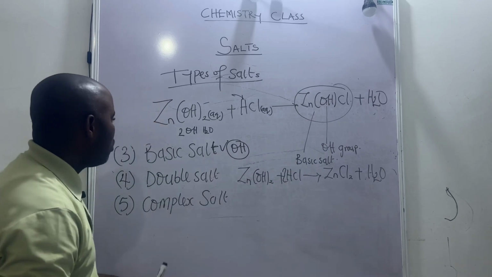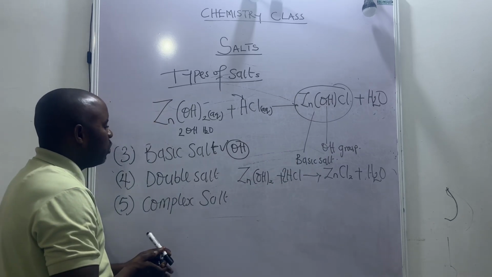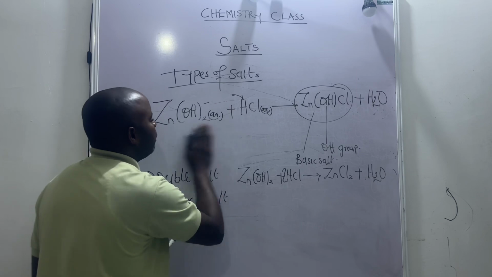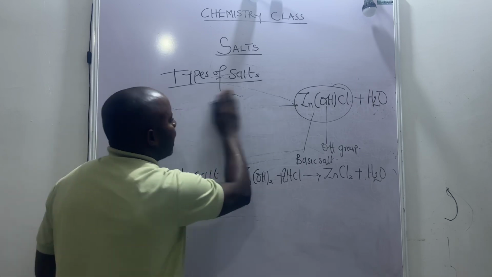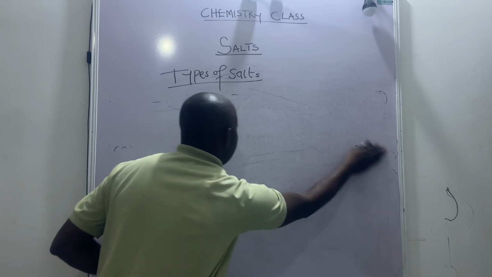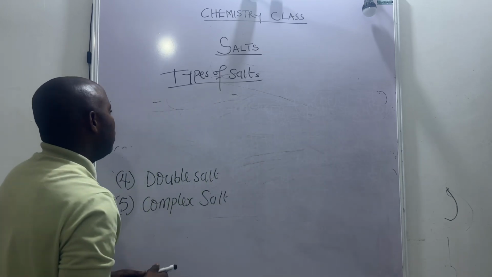So this will take us to the fourth type of salt. We'll talk about the double salt.